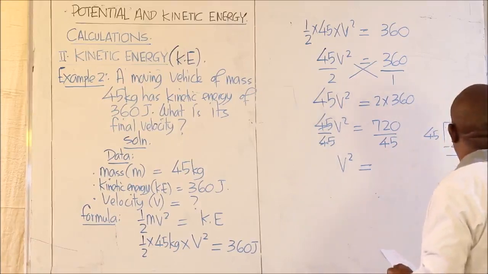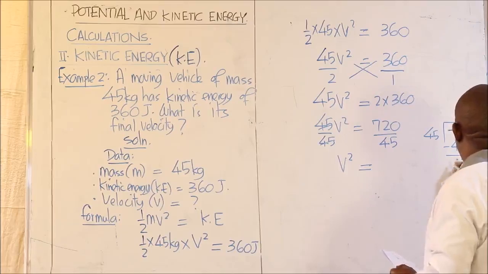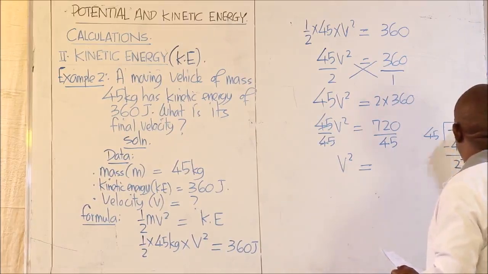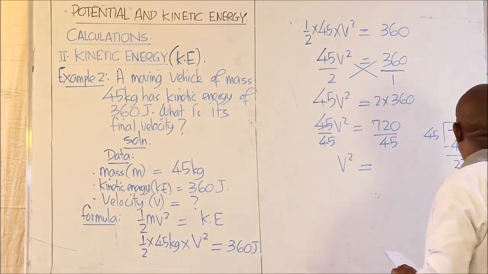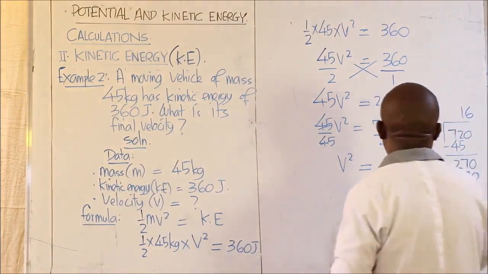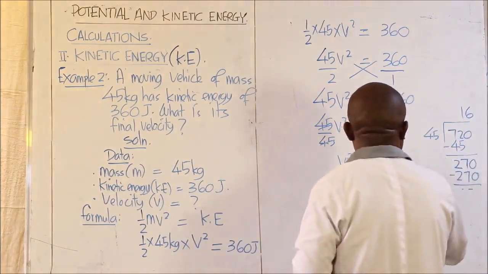Yes, 6 times gives us 270. Therefore, v squared equals to 16.